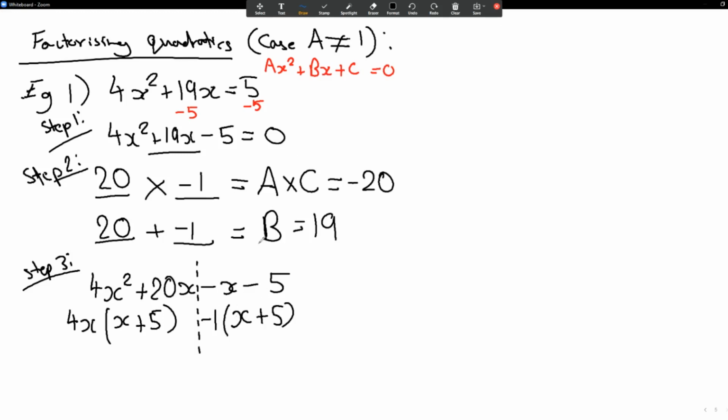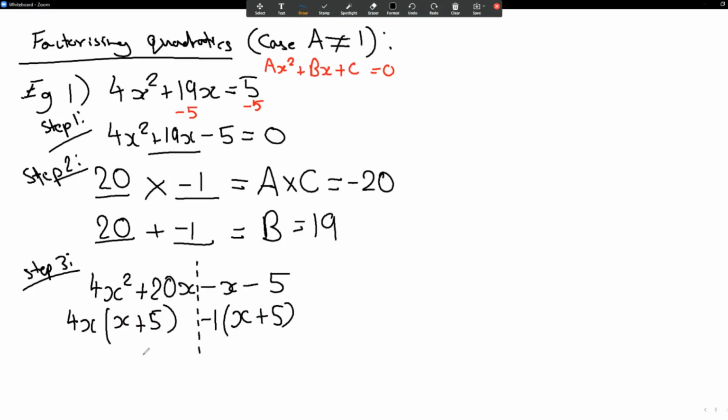And as you can see, we've got the same thing in the brackets. You have to have the same number or the same binomial in these brackets. They have to be the same. Otherwise, you need to go back and manipulate it in such a way that you get the same brackets.